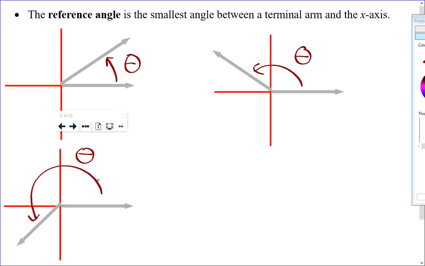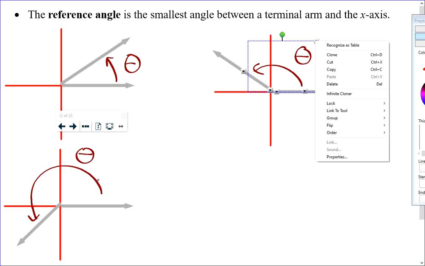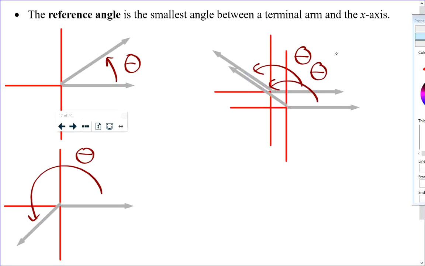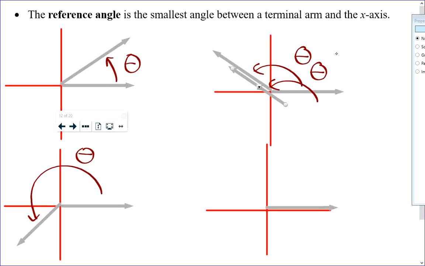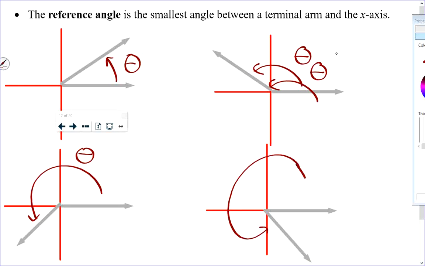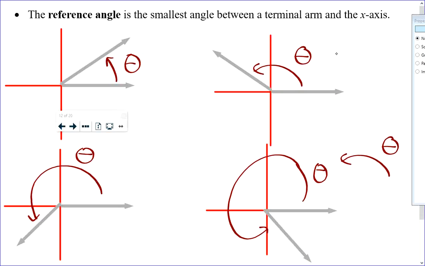And I suppose we might as well go to quadrant 4, in which case this is the rotation angle. You with me? We learned that already.